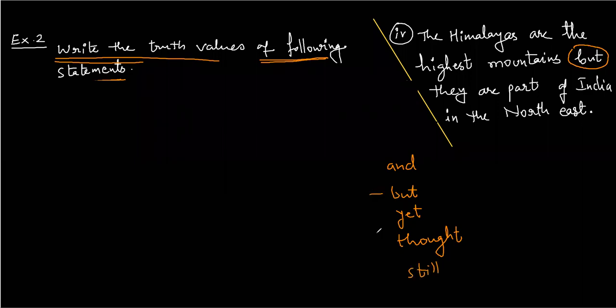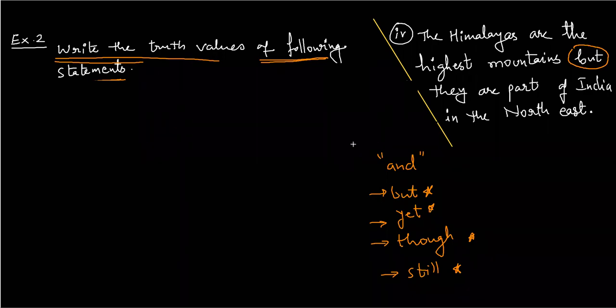These are different words which are used for and. When you read the given compound statement with these words, you will understand. I'm sorry, it is not thought, it is though. I'm sorry for this. So when you read a compound statement, you will know that these words are used for the word and.